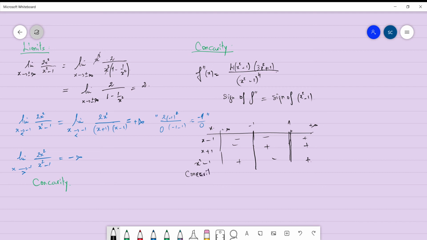Here f second is positive, sign is positive, so we will have a convex function. Here it will be a convex function, and here concave.